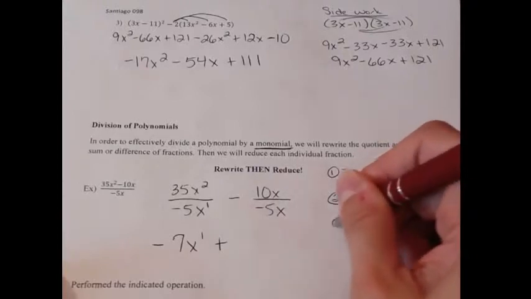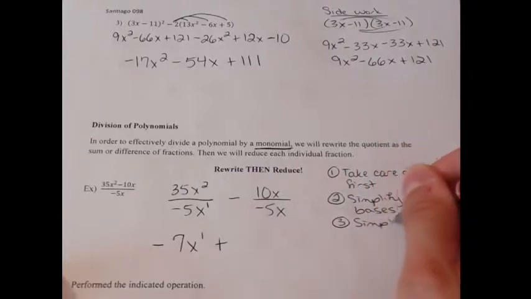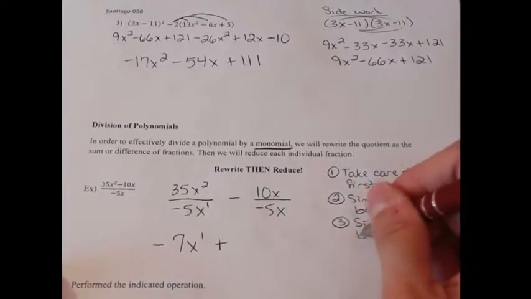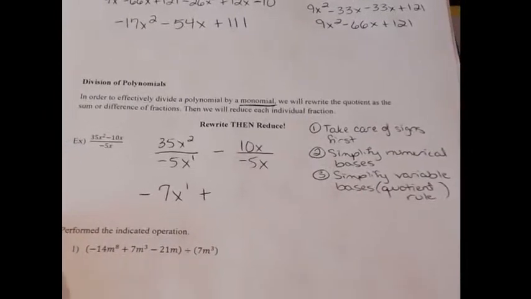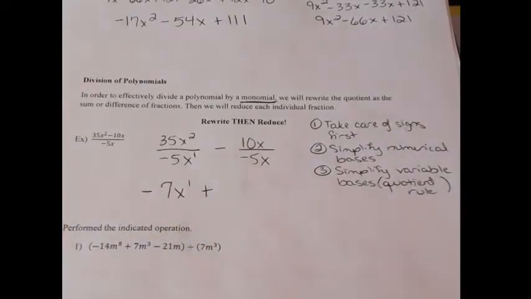And then step 3, simplify variable bases. Okay, and I want you to think quotient rule. All right, I'm hopeful that those steps written out that way will be helpful to you.